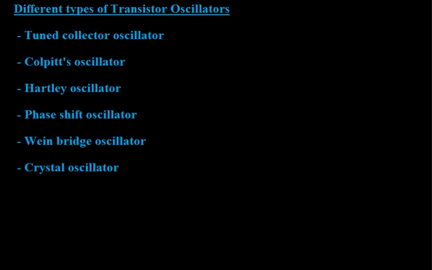So let's recall the different transistor oscillatory circuits. One is called a tuned collector oscillator. A tuning circuit, meaning an LC circuit, is connected in the collector of this amplifier circuit, which will produce sustained constant oscillations in the output. Another type is the Colpitts oscillator.